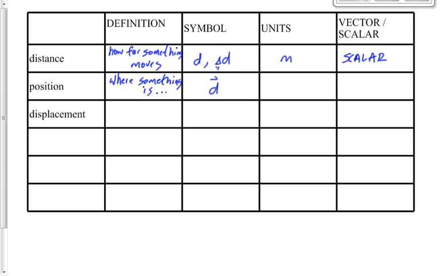Ali? You could use kilometers. Absolutely, you could use kilometers. It's not the standard unit. The standard unit would be meters. Good. Now, is it a vector or is it a scalar?